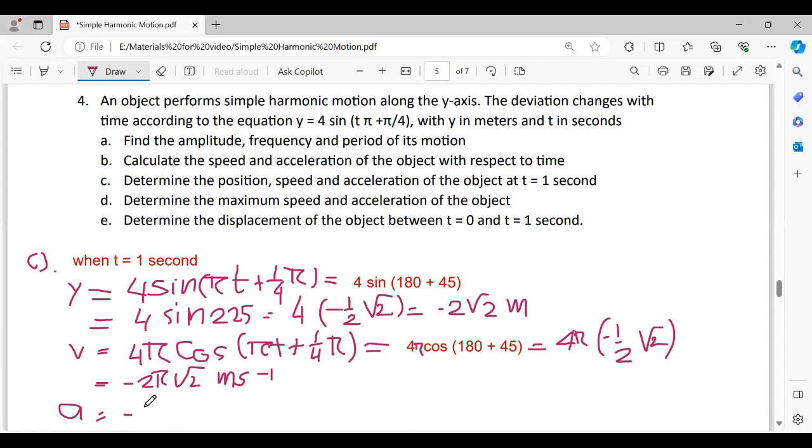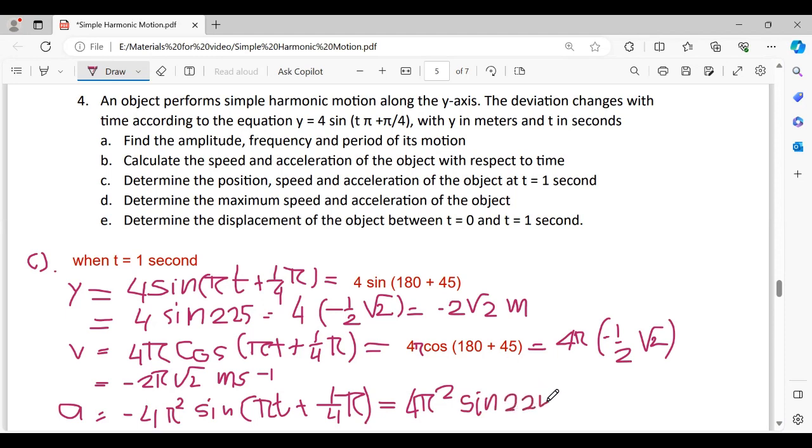It's going to be negative 4 pi squared sine of pi t plus 1/4 pi, which equals negative 4 pi squared sine of 180 plus 45, so sine 225.